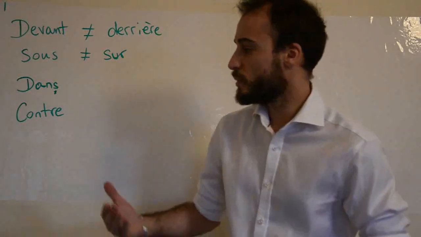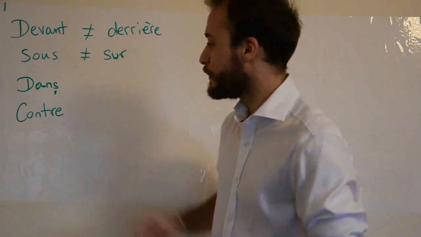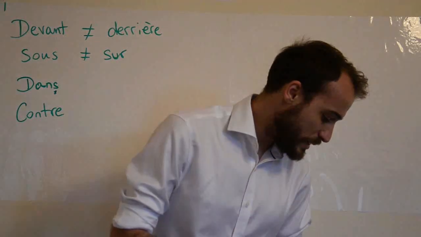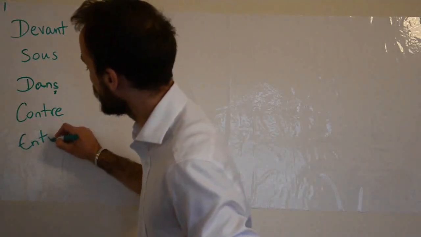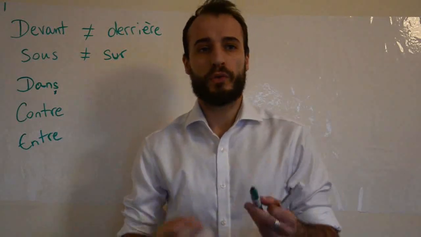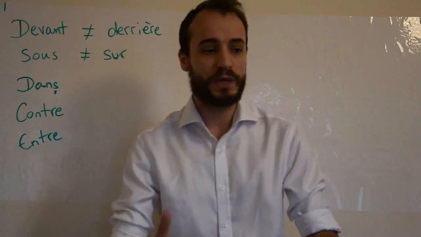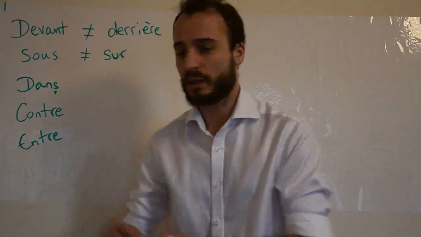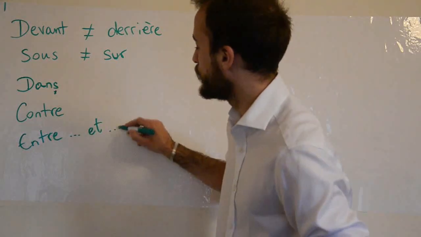For instance, if you are leaning against the wall, then it will be contre. And then we have entre. Entre means between. You have to mention two things after entre most of the time: between something and something, so it will be entre something et something.